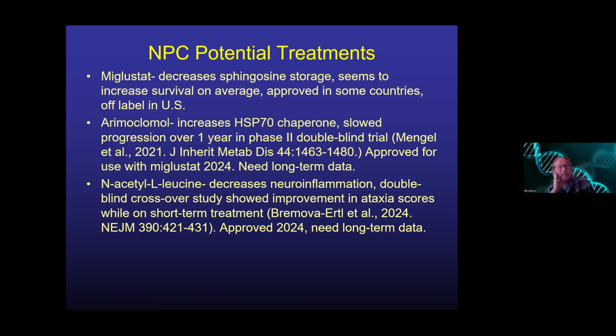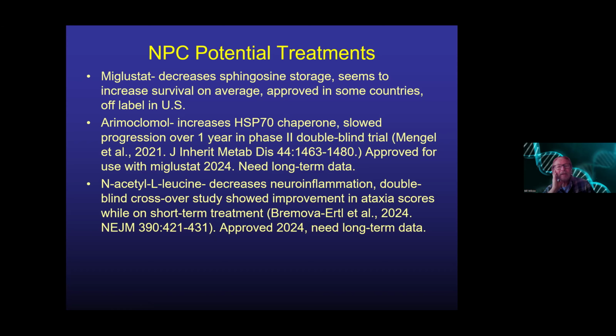So it was finally approved for use in conjunction with miglustat, which isn't approved for use in the US for Niemann-Pick C. That's an interesting combination. So now you have to use this approved drug with an unapproved drug for the indication. Since I saw somebody from the FDA on this, I think that's something that needs to get addressed. Otherwise, people will be fighting with insurance companies to get the miglustat for their patients if they want to use arimoclomol.